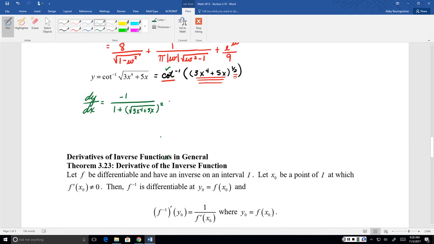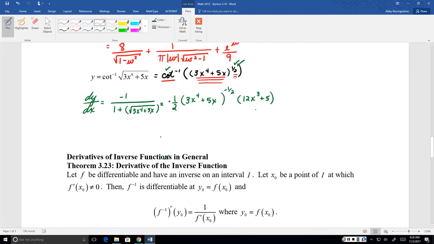The 1/2 will jump out front, leaving the inside alone, and I will subtract 1 from the exponent. So I have to leave this inside alone, so it's going to stay 3x to the 4th plus 5x. So I've taken the derivative of that middle layer. Now I want to come back and take the derivative of the inside, which should be 12x cubed plus 5.